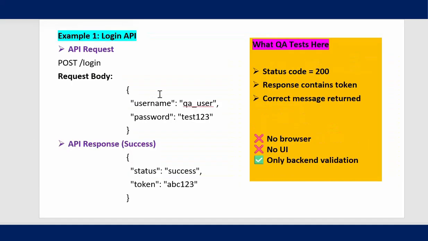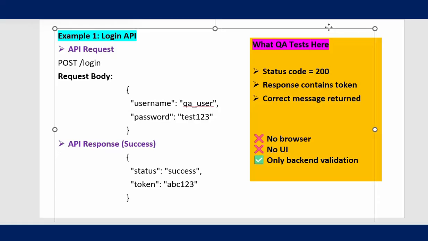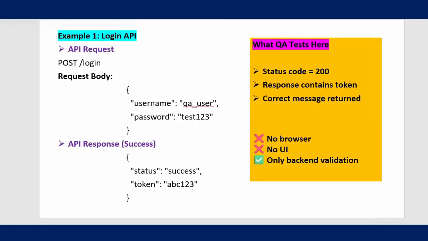Here I have some examples. This is the example of the REST API. Let's say again there is a login API request. We want to use the POST method. POST method means we want to update some data.